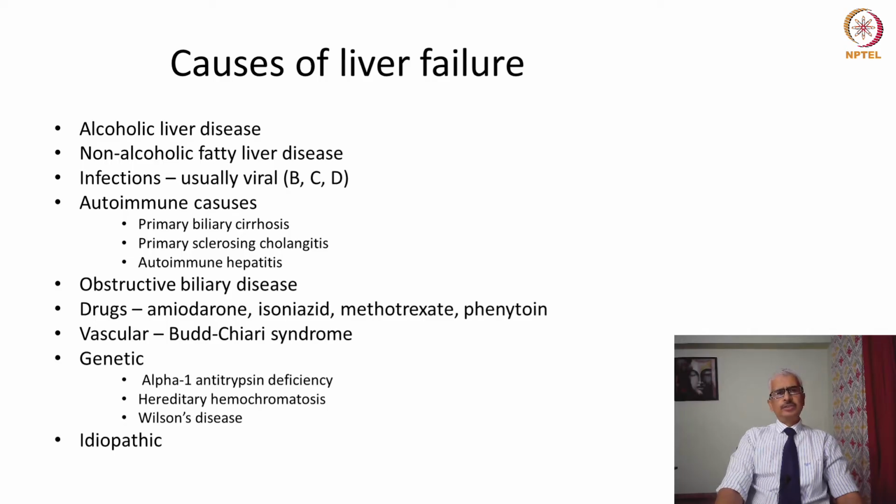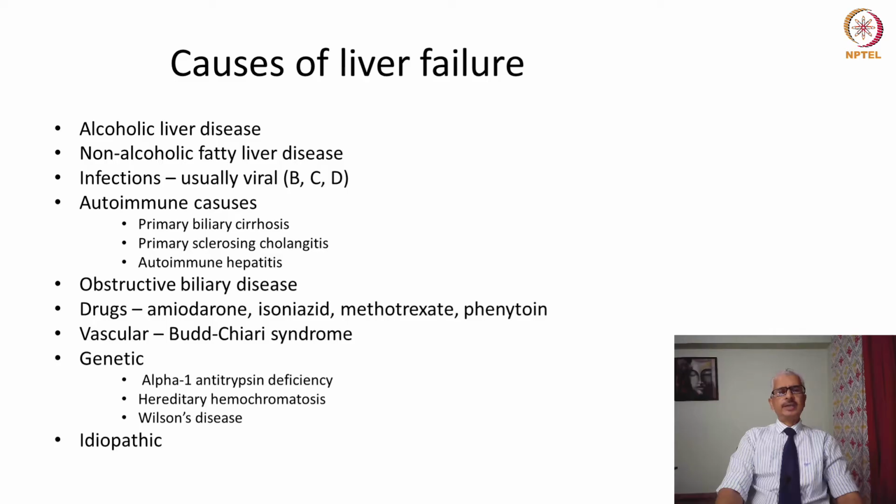Some of the genetic causes for liver failure are alpha-1 antitrypsin deficiency, hereditary hemochromatosis, and Wilson's disease. Out of these, the leading cause is alpha-1 antitrypsin deficiency. Hereditary hemochromatosis is excessive absorption of iron, which leads to formation of hydroxyl radicals, which cause organ fibrosis, including liver fibrosis.